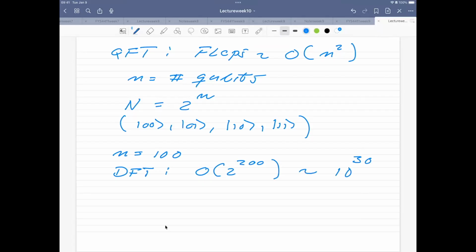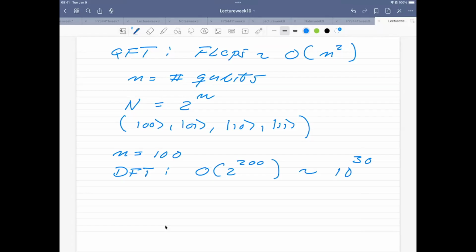Okay? If you do 200, this is 2 to the power of 200, which is 10 to the power of 60. And by 2030, we are going to have quantum computers with 1,000 logical qubits. Then this number becomes 10 to the power of 300.